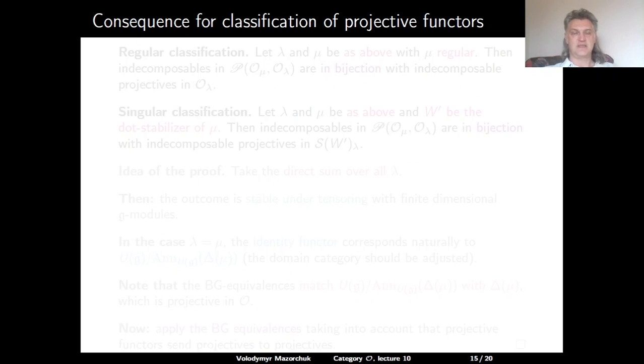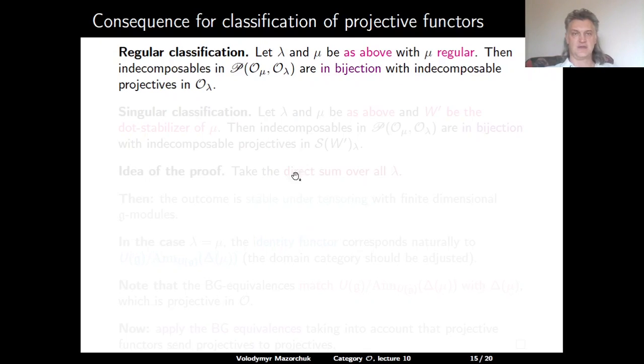So this theorem has the following consequences for classification of projective functors. The regular classification: if lambda and mu are as above, with mu regular, then indecomposable projective functors from O_mu to O_lambda are in bijection with indecomposable projectives in O_lambda.